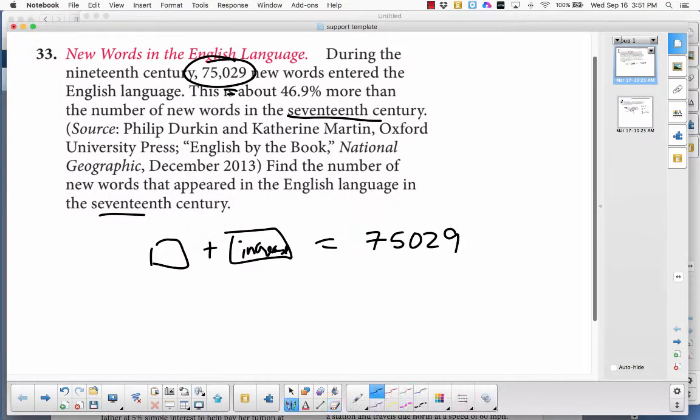So what you need to do is call something an X. So let's say that's what we're looking for. So the 17th century is X plus, then they say it's an increase. So they take X, or 17th century, and they take 46.9% of that more. So the increase would be 0.469.